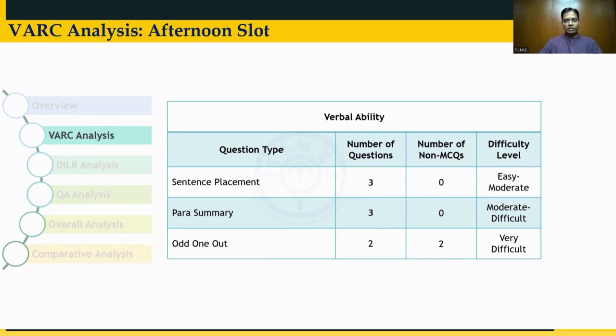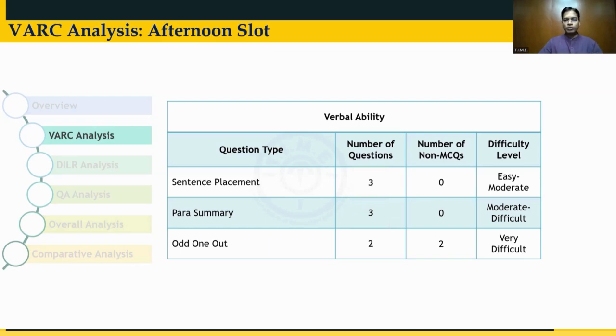So they were moderate to difficult overall, and the odd one out, there were two of them, and these questions were actually pretty challenging. The time needed was more. And even if you'd spent a lot of time, you wouldn't have been able to identify with confidence, because there was a lack of connectives.